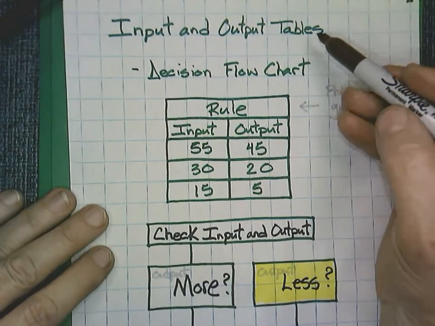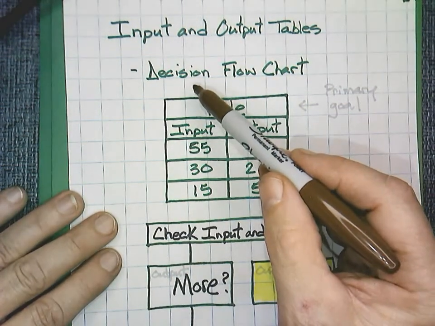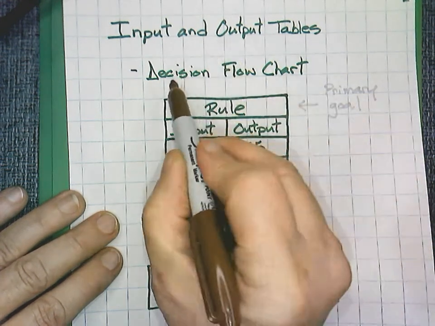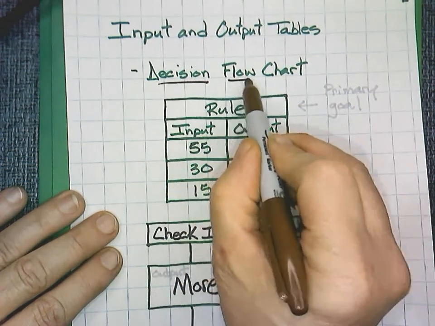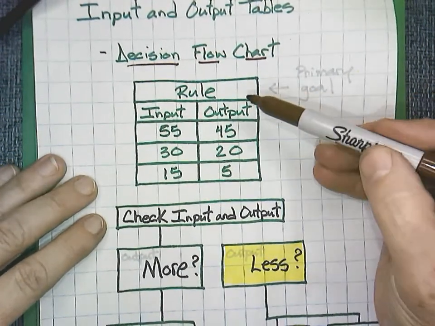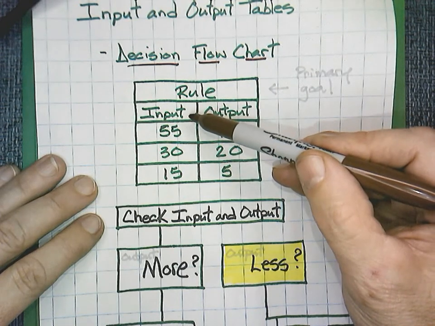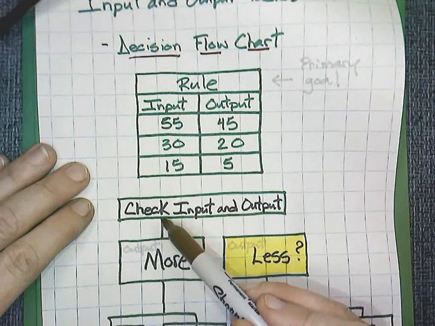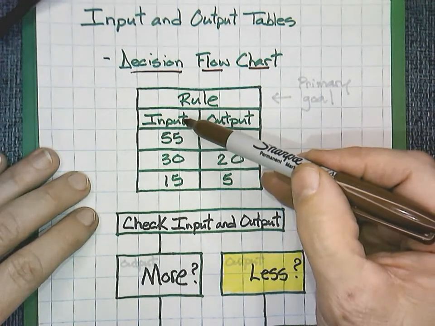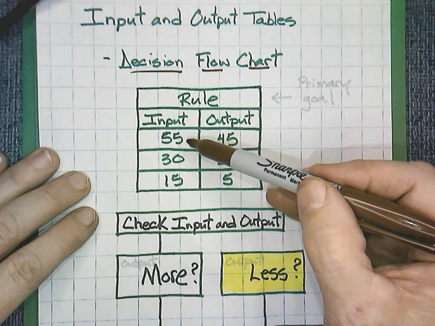When you do input-output tables, I like to think of your first step as making a series of decisions, and I just refer to it as a decision flowchart. For example, we have a chart here. Our first step is to check your input and output. So in this case, I find my input, and I see it's 55.